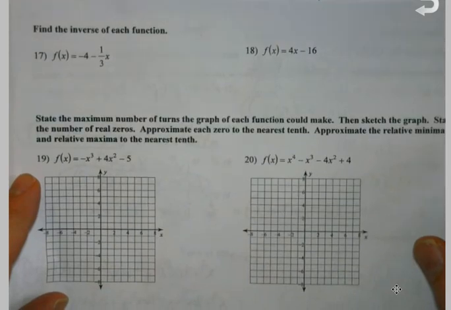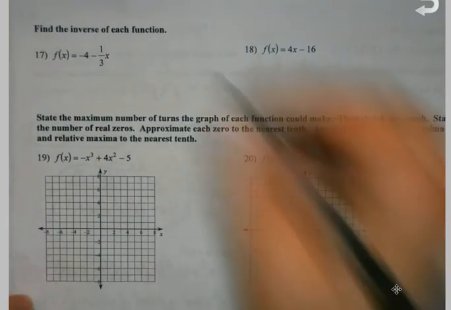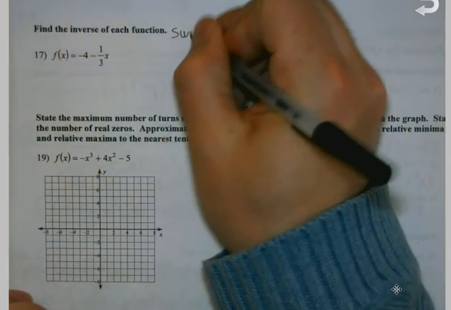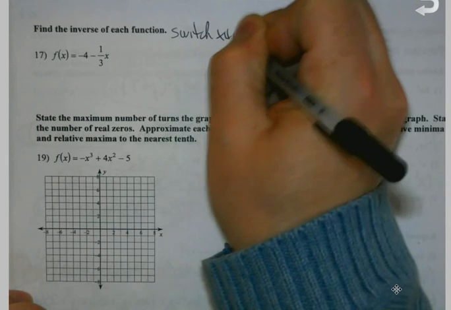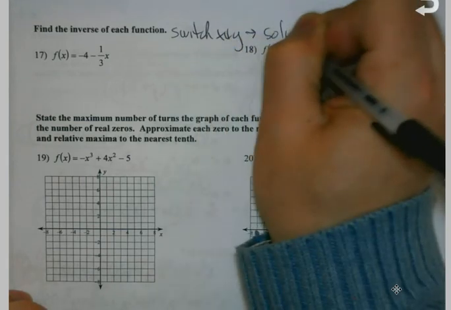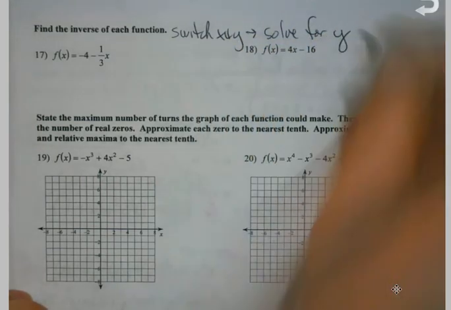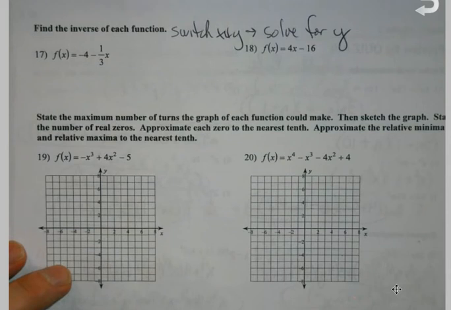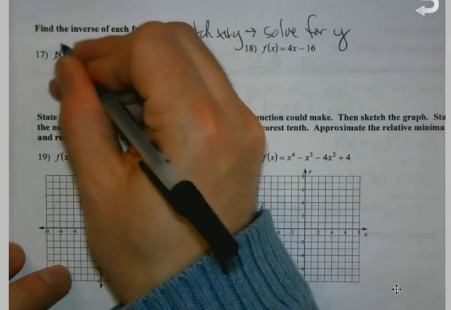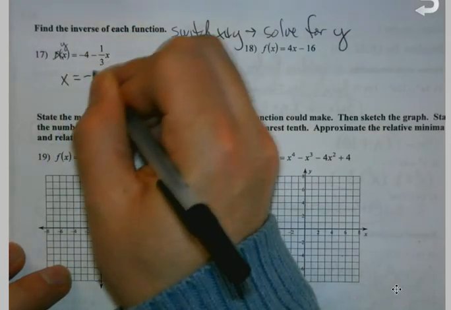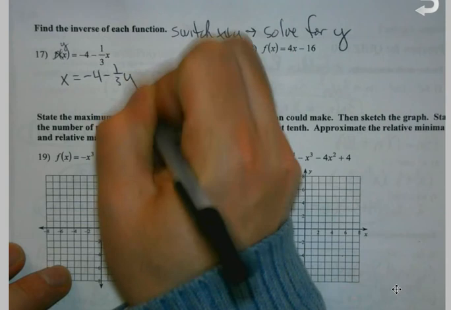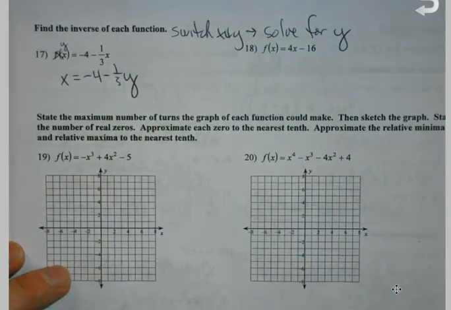Okay, find the inverse of each function. Again, switch x and y, solve for y. This is already y, so x equals negative 4 minus 1/3 y. Solve for y.